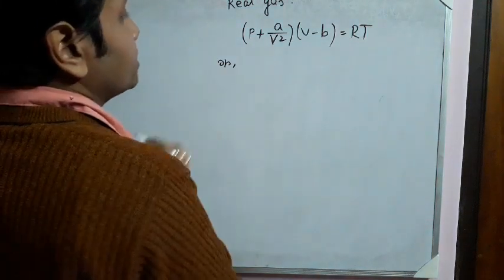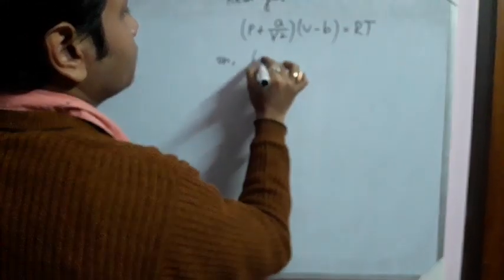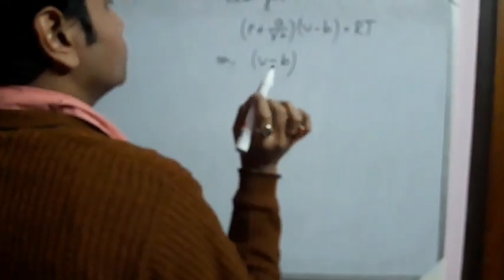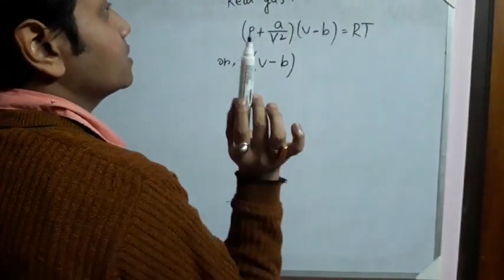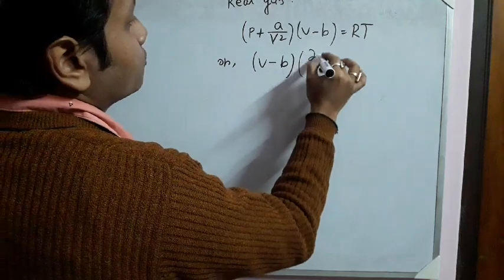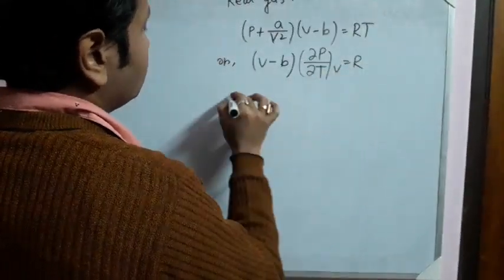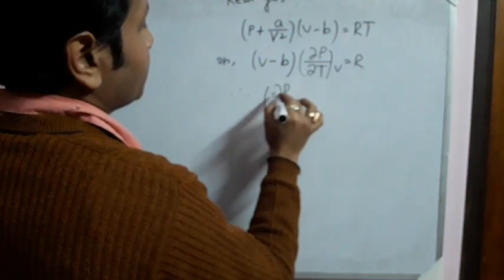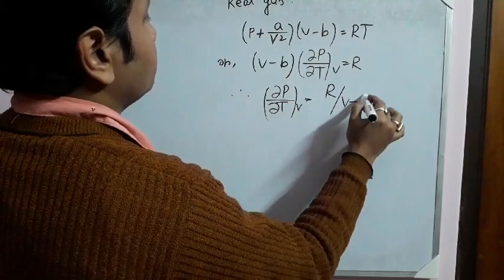If you differentiate it with respect to T keeping V constant, this term is constant, and A and B are both constant, so that term is 0. So we get (del P/del T) at constant volume equals R by (V minus B).